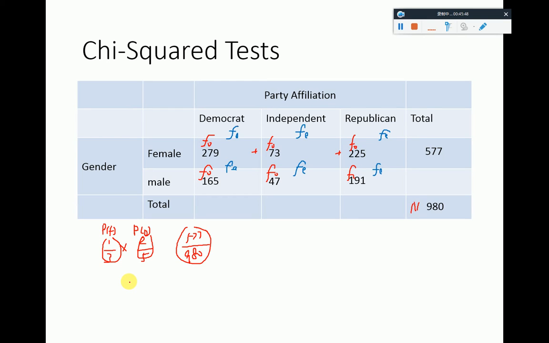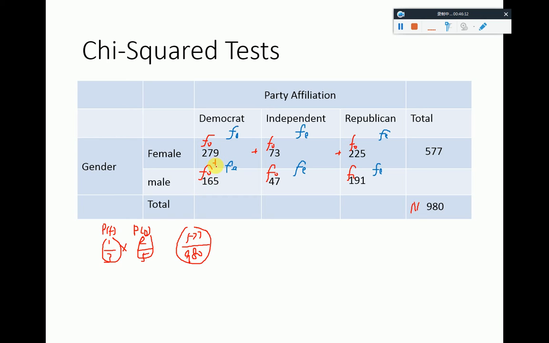Now you can ask, okay, I get the idea, then the question becomes, how do we calculate the probability of observing Democrats, assuming that we want to figure out the expected frequency for female Democrats? Easy. Where are Democrats in this table? These are Democrats, and these are Democrats.